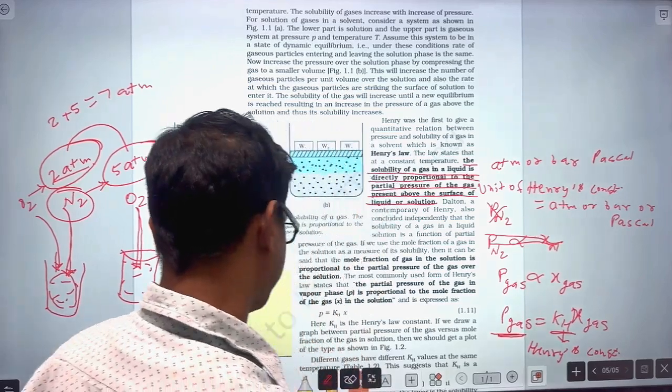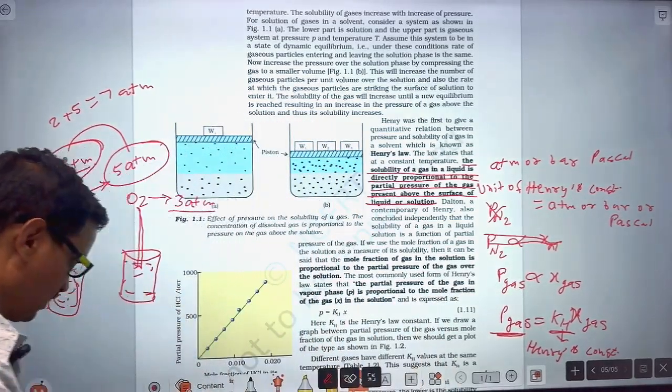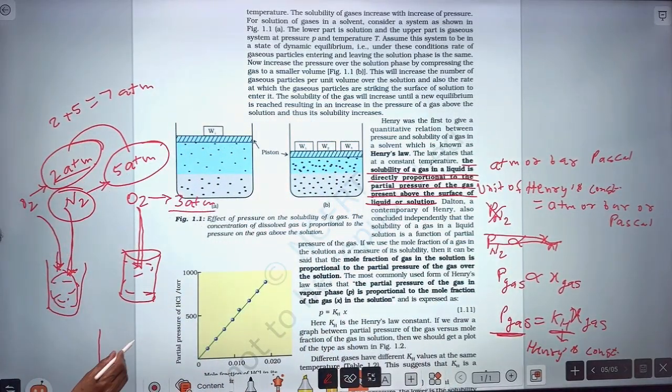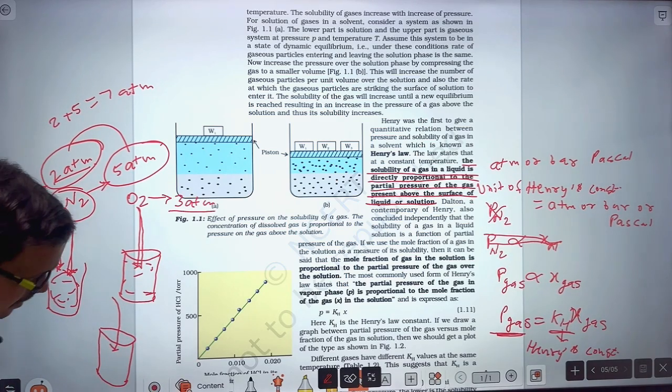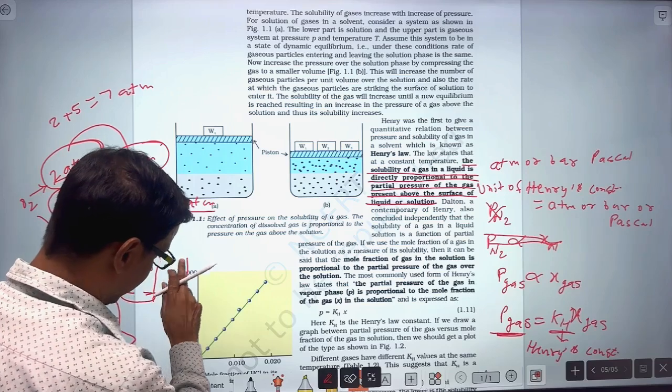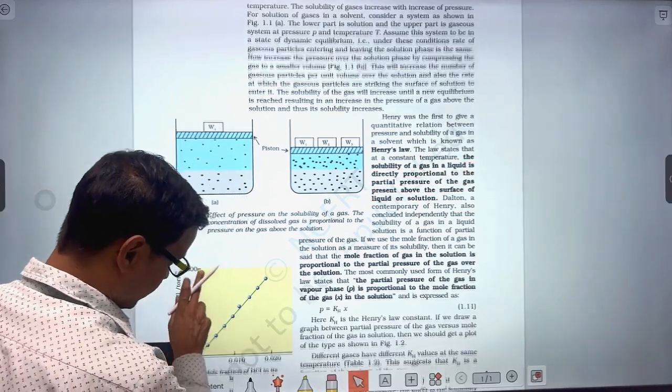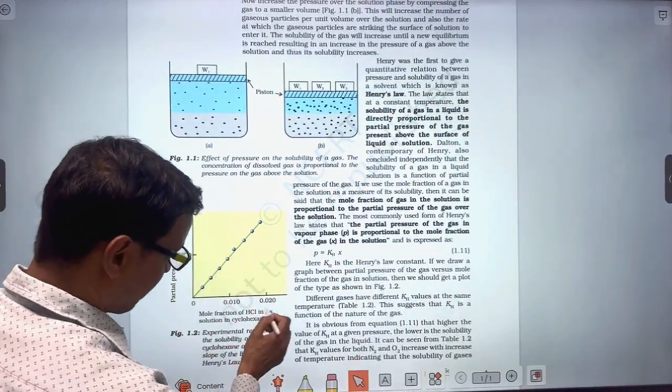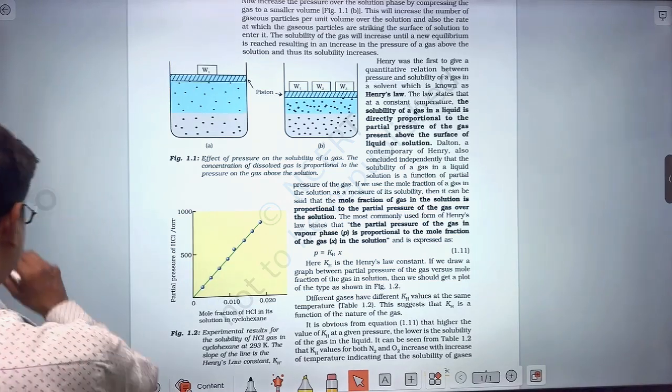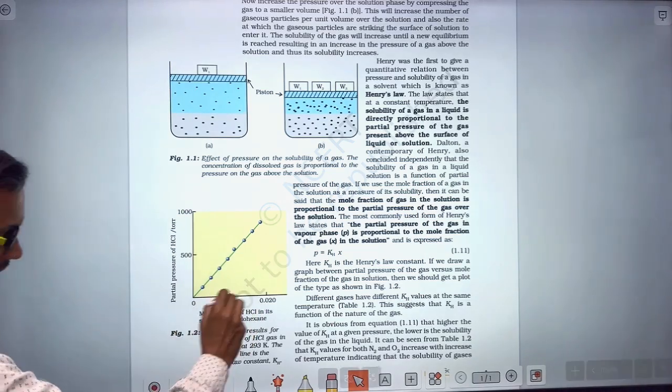Now suppose a liquid is here, and a particular gas is being dissolved in it. Suppose its pressure is in terms of torr. If the pressure increases, then the mole fraction of gas inside the liquid will increase.